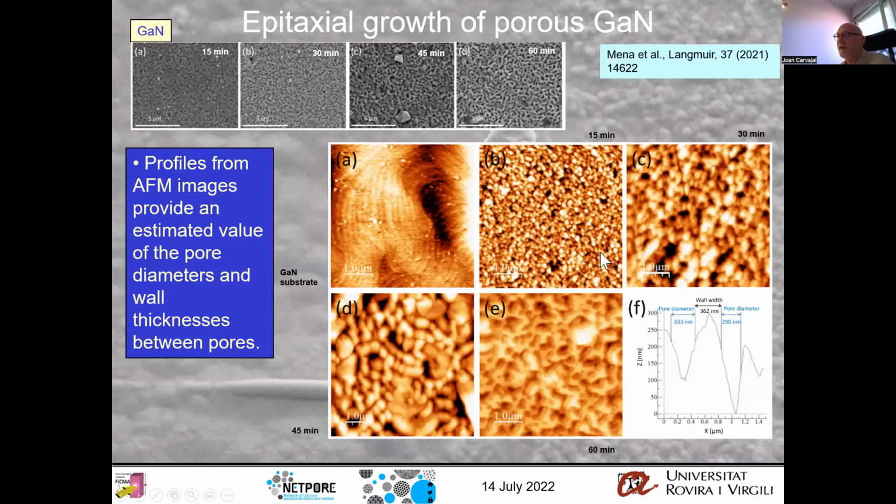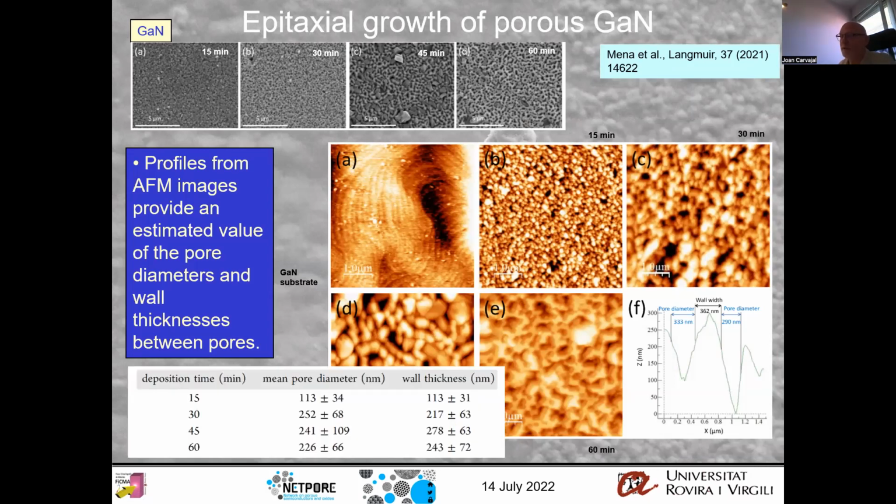By AFM, we could also determine not only the size of the pores, but also the walls between the pores, because as we will see in a second, this has very important implications for the quantum confinement response that we are getting in our material.